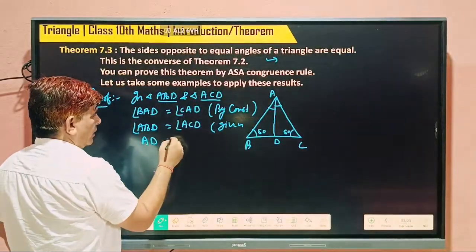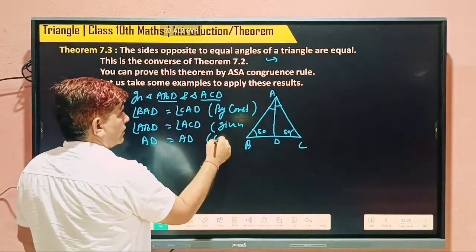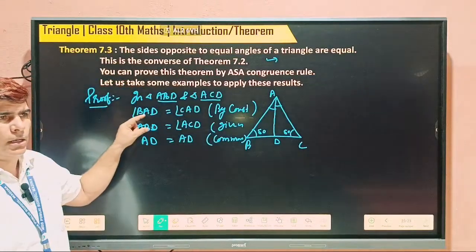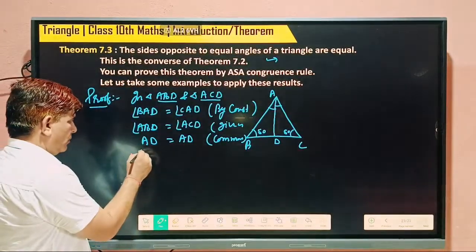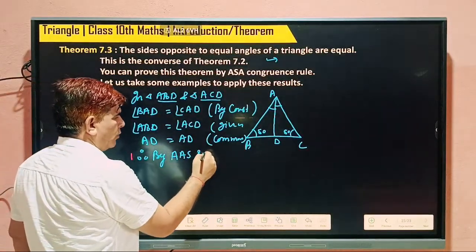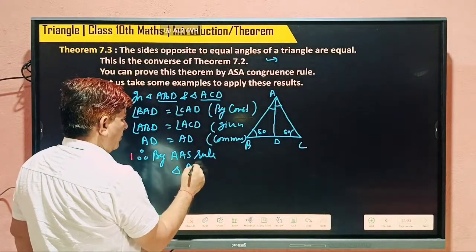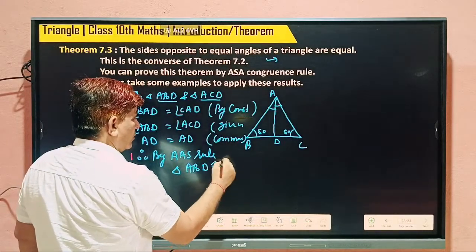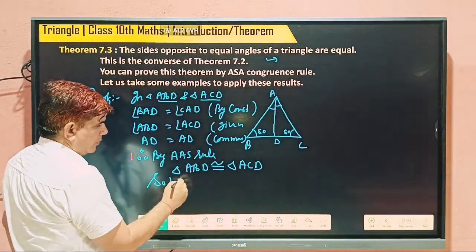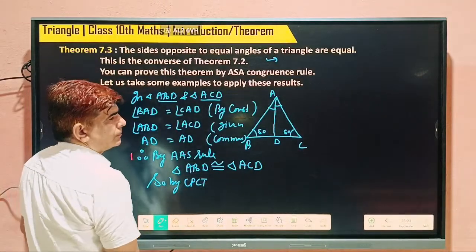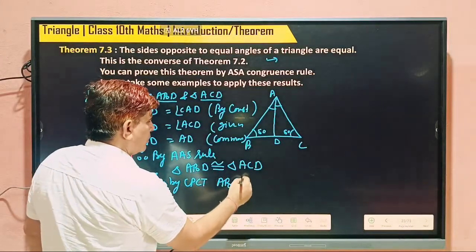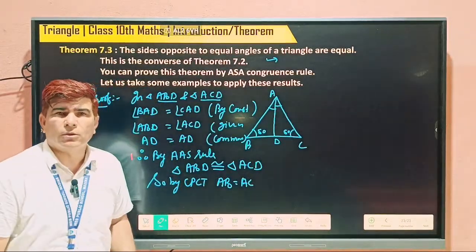AD equals AD, common. So two angles and one side. Therefore, by the AAS rule, triangle ABD is congruent to triangle ACD. By CPCT, corresponding parts of congruent triangles, AB equals AC. Hence the converse is also possible.